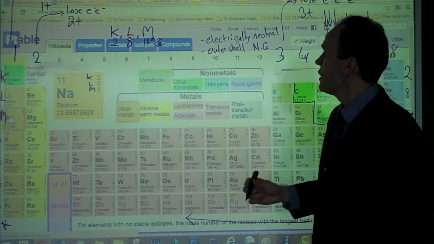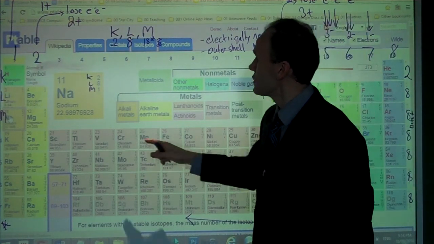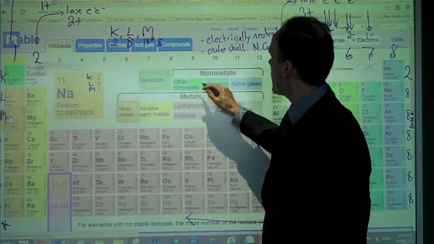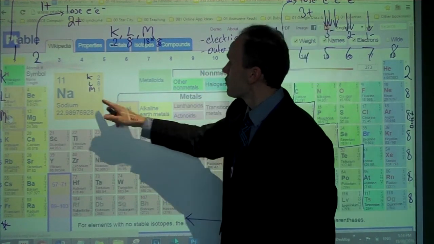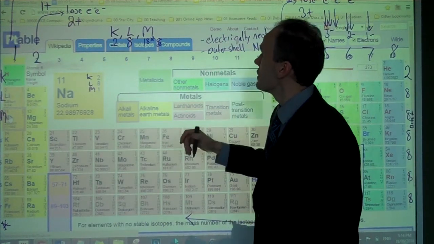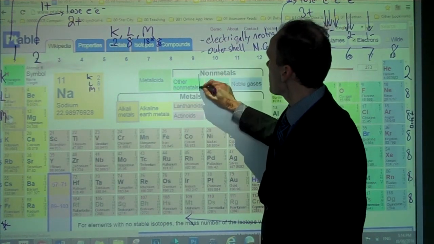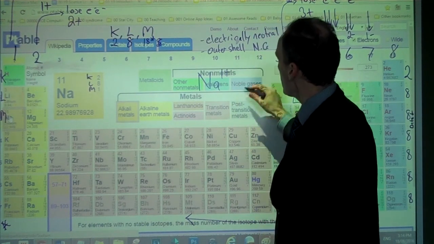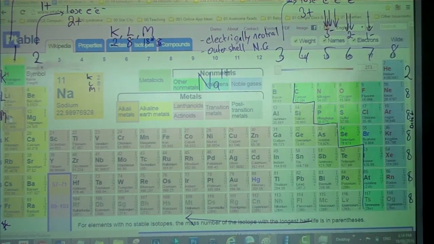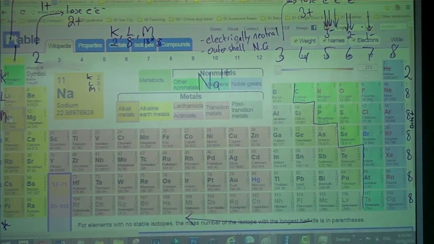The example that is typically used: sodium is in group 1 and loses 1 electron, so sodium has a 1 plus charge. I might jump to a white screen for that.